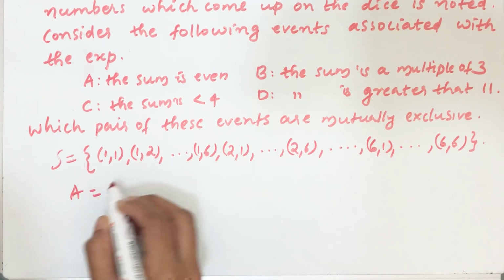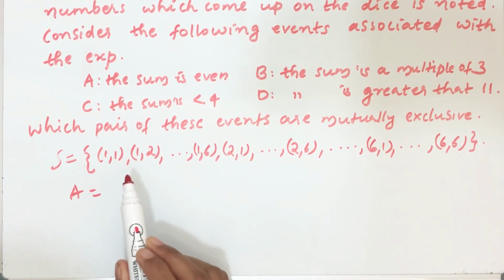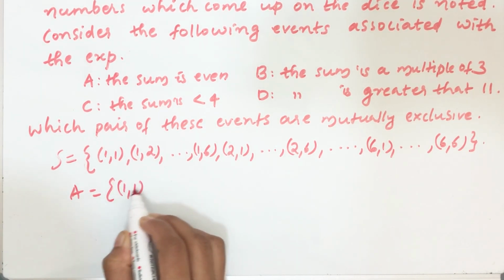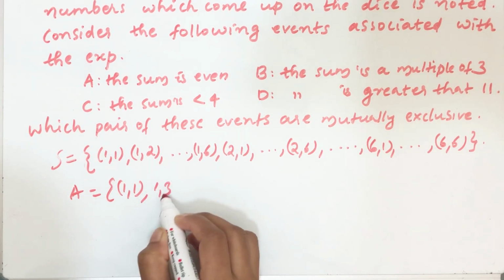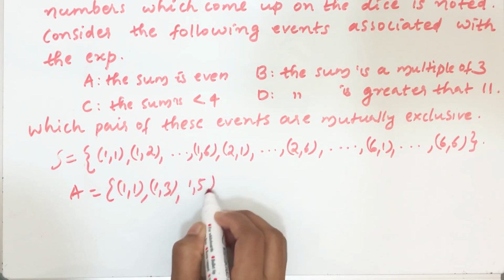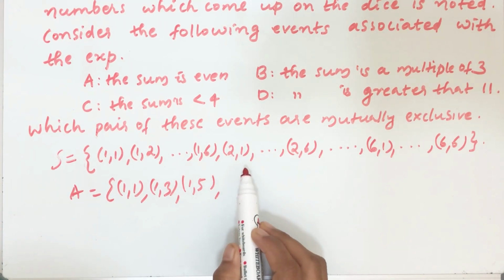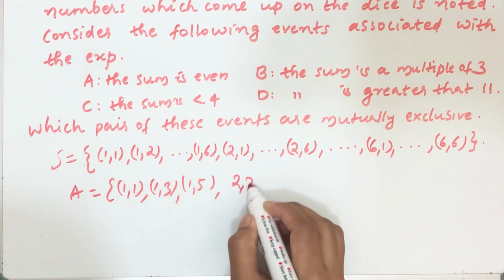Event A is the sum is even. In the first row, with the first die showing 1, we know (1,1) is even, 1 plus 1, the sum is even. Like that, all odd pairs (1,3), (1,5) are even. And in the second row, first die showing 2, we know (2,2) is even.